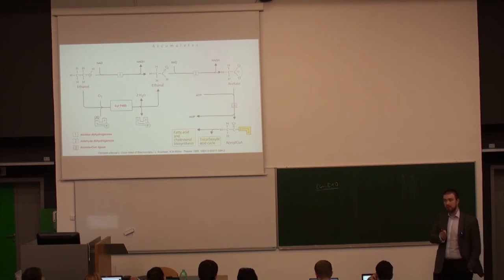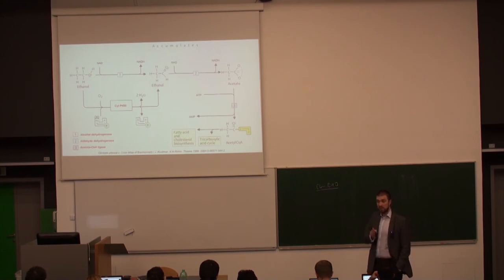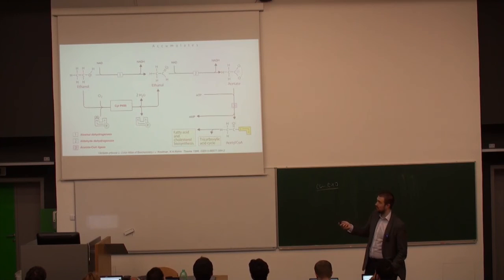If we return to the lecture yesterday, I told you that xenobiotics induce the monooxygenase system. And this is one example of it, one representative of the monooxygenase system. And if you drink a lot, or your patients drink a lot, you will induce these enzymes.